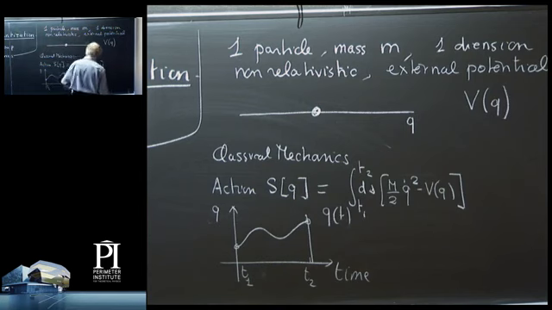I will come back to that later. If you consider the variation of the action, if you make a variation of the trajectory, the classical trajectories are the trajectories which extremize this action. So delta S of Q equals 0 means classical trajectory.